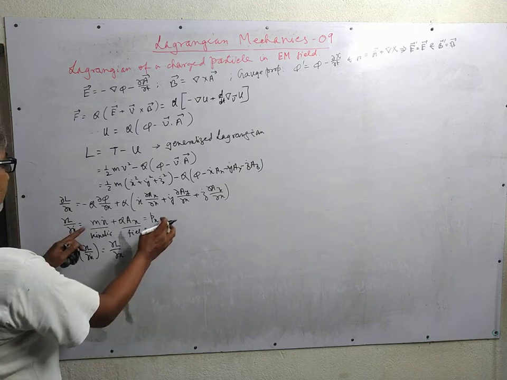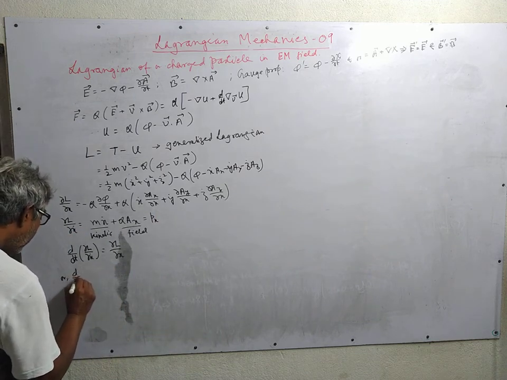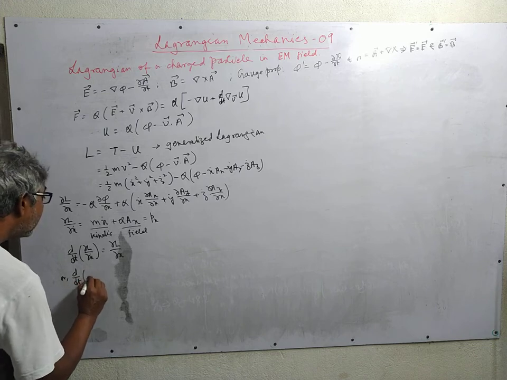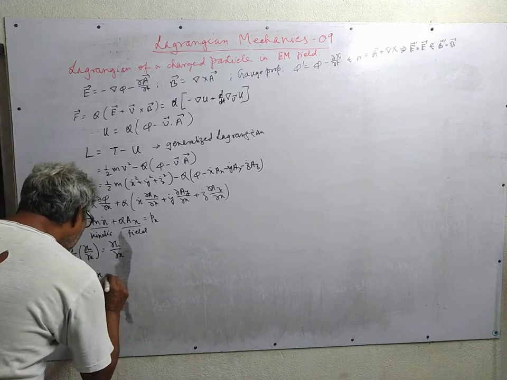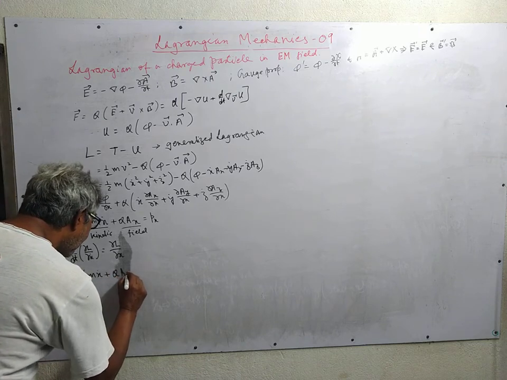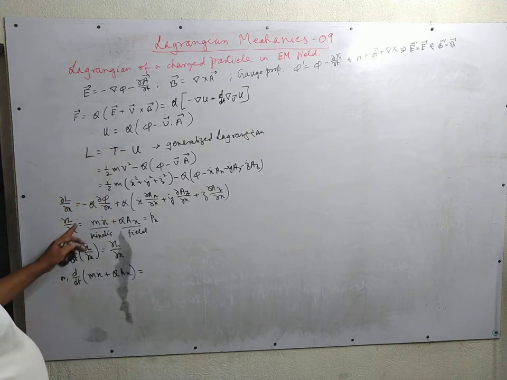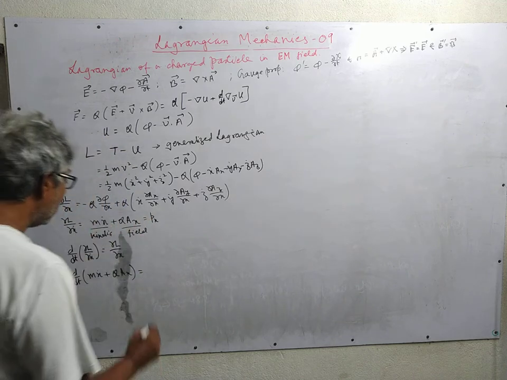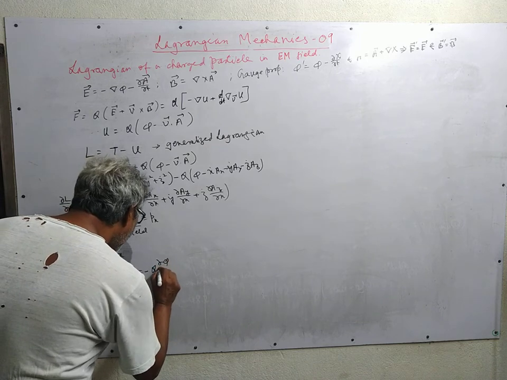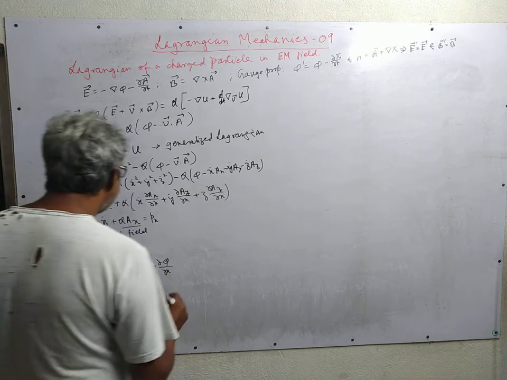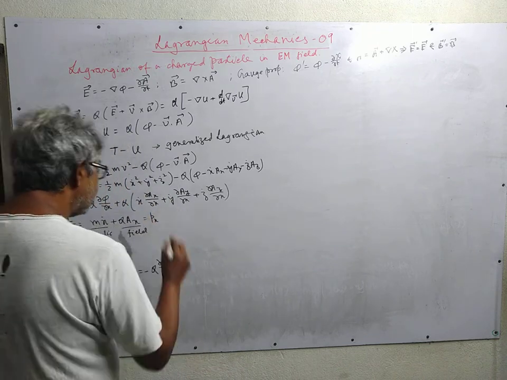So d/dt of this thing, first we have d/dt of m x dot plus q A_x. On the right hand side we have del L del x is equal to minus q del phi del x plus q, then this term.